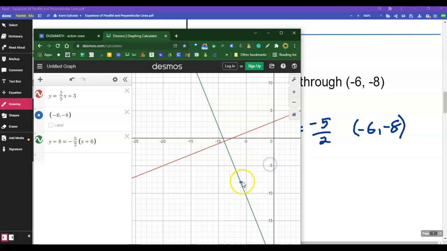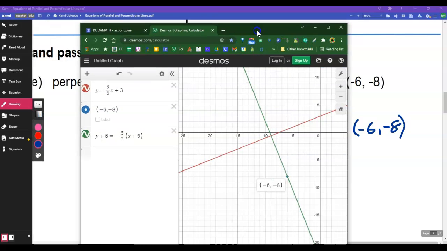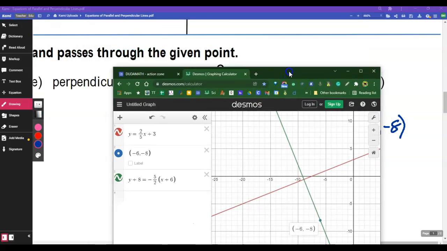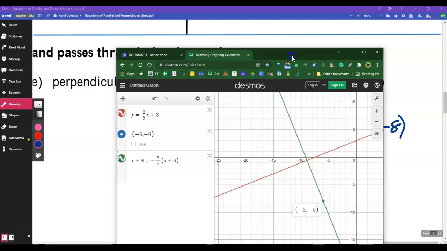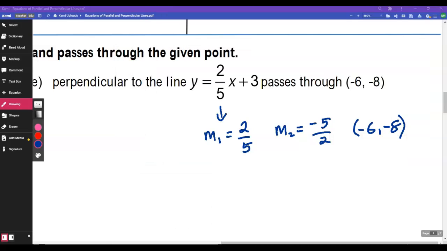Beautiful. It's now going through my point, and these are a 90-degree angle. So I've used both Dudemath and Desmos to check my answers, and I know that must be the right equation: y plus 8 equals negative 5 over 2 times x plus 6.